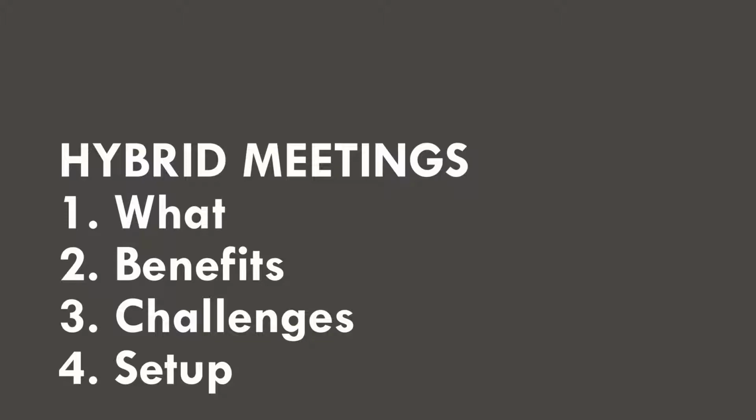And finally, we're going to look at a couple of different technical setups that can range from very advanced to very easy that you can set up with the gear that you already own. As I mentioned, in about 10 minutes time, we can take your questions and answers about the technical side of hybrid meetings.